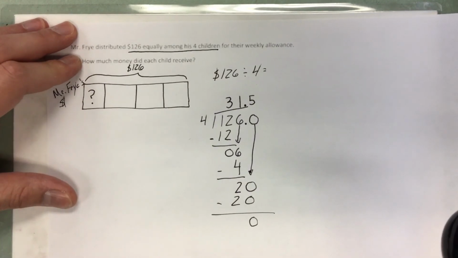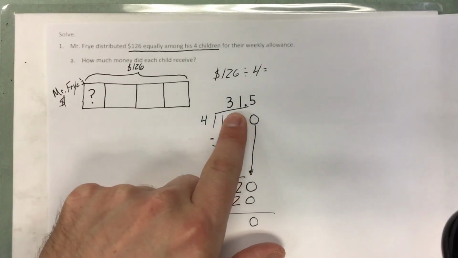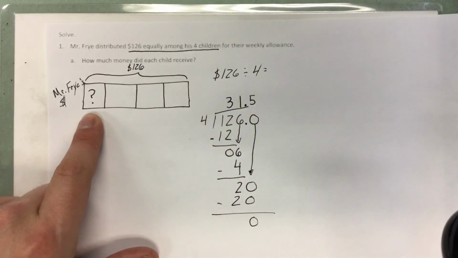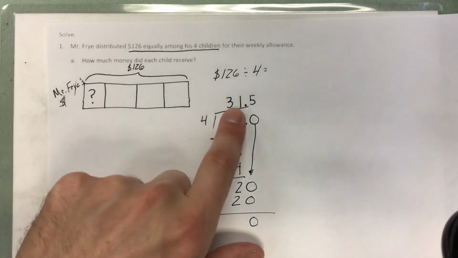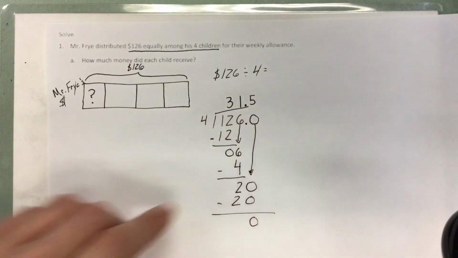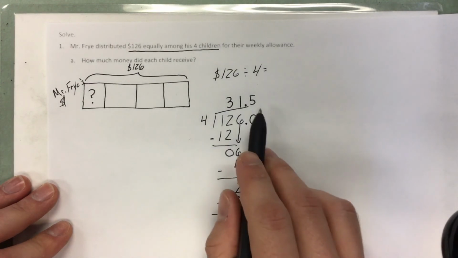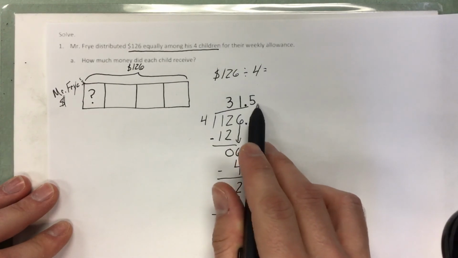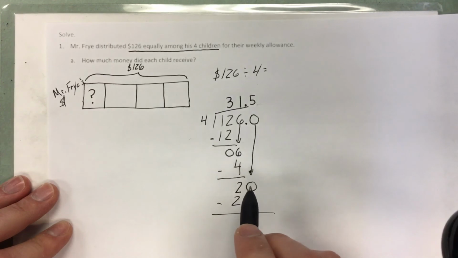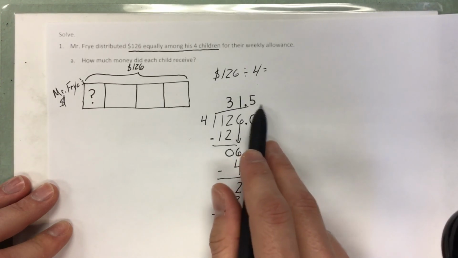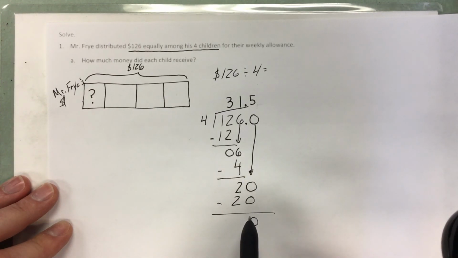Now let's use some place value reasoning. If I am trying to figure out how much money each child received, and I have 31.5, that doesn't look like an amount of money to me. What is it missing? It's missing a hundredths place. So what can I add in my hundredths place to show that there's something there?